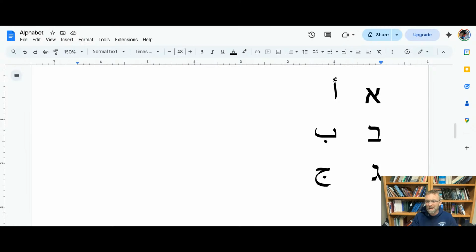For those of you who might not understand the nature of the question, connecting letters in Arabic is really tricky. All right, let me give you an example here, just to show you what I'm talking about.